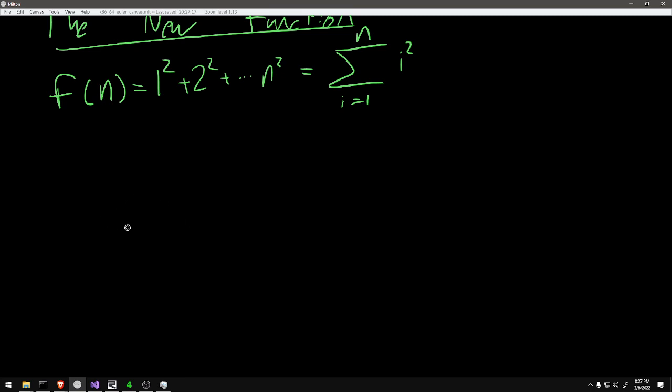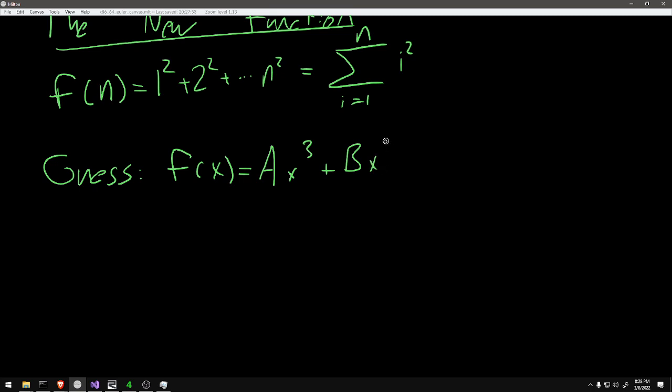All right, so we're going to put out a guess. And our guess is that f can be written like a polynomial where we have degree of 3, right? We have a cubic, we're guessing that we can write this as a cubic polynomial or a degree 3 polynomial. Now we don't know anything else.